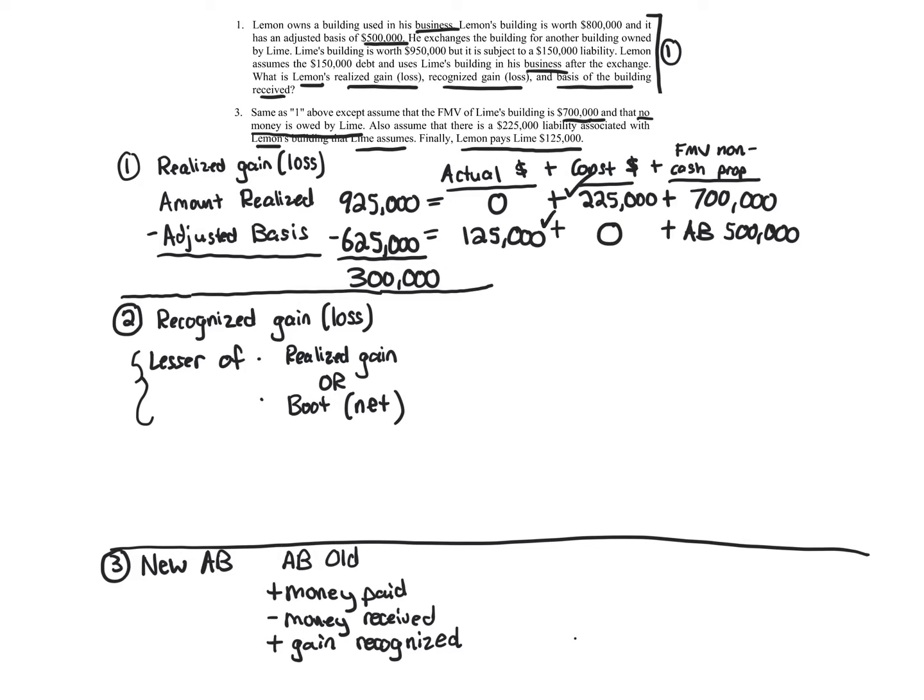So when it comes to netting boot, the general rule is that boot received can be offset by boot paid.